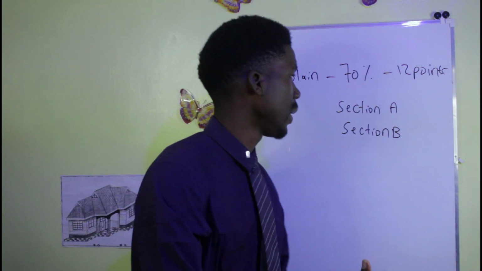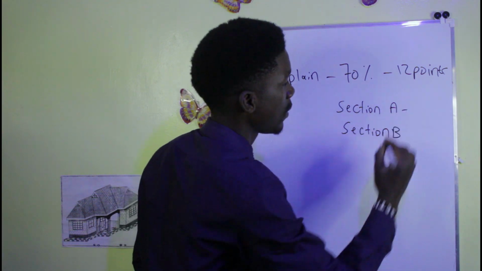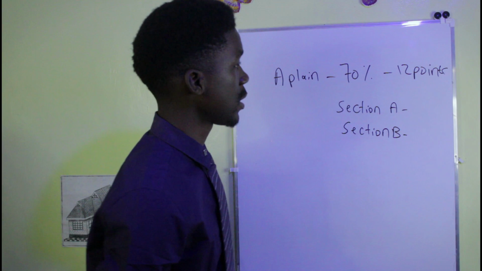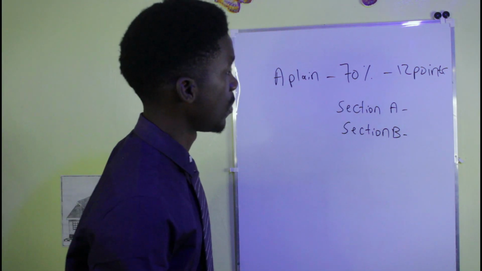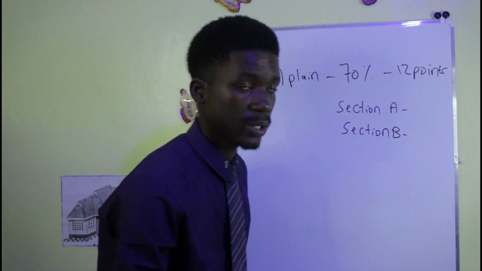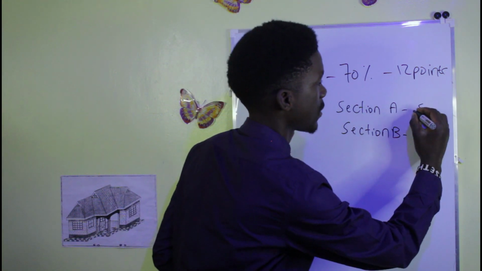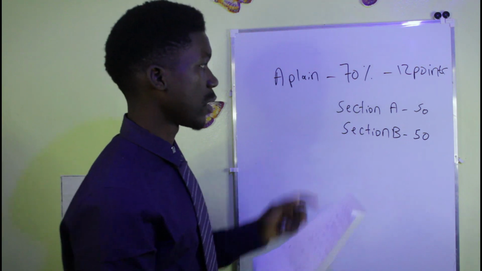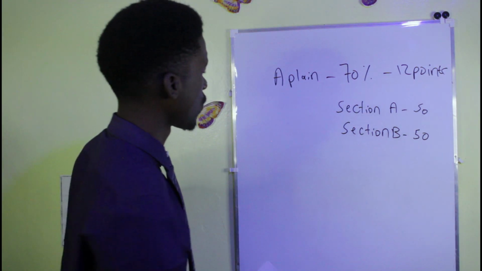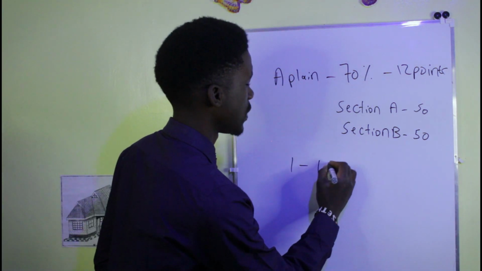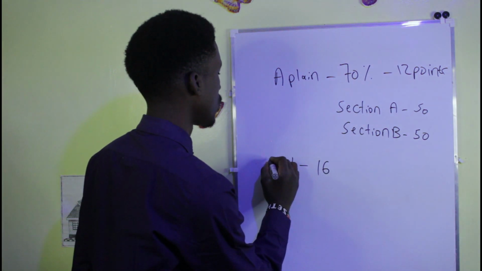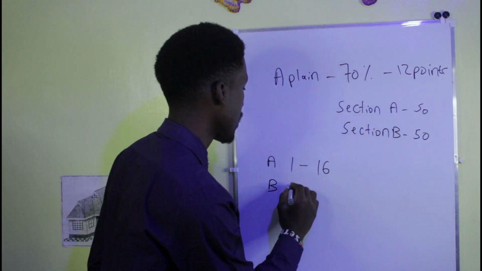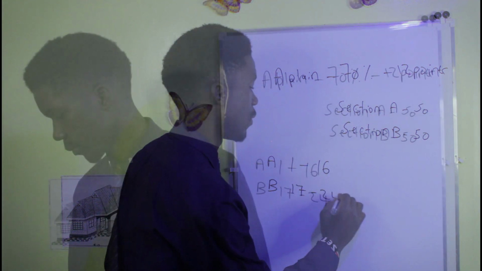In paper 1 we have section A and section B. In paper 2 we also have section A and section B. Section A comprises 50 marks. Section B, 50 marks as well. Section A starts from number 1 to number 16, and section B is from number 17 to 24.